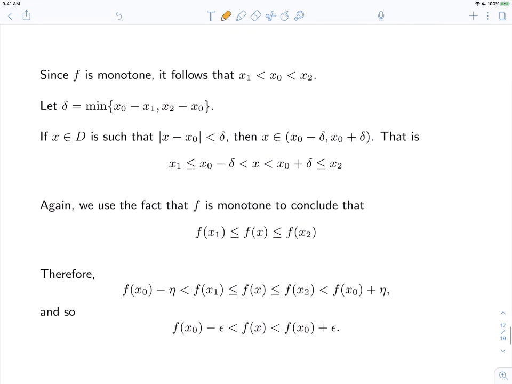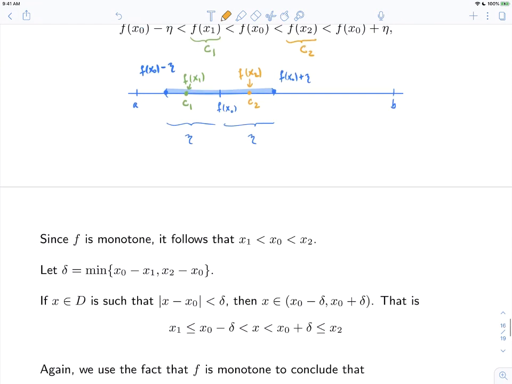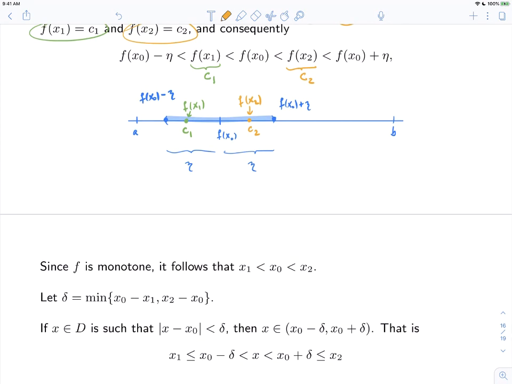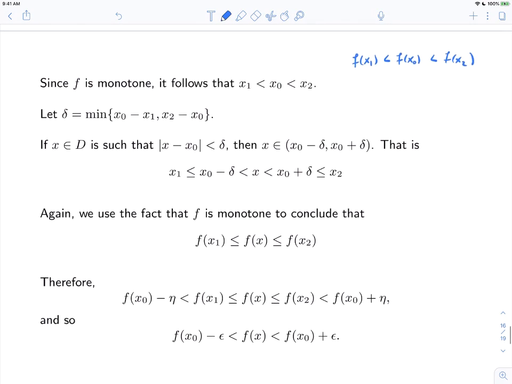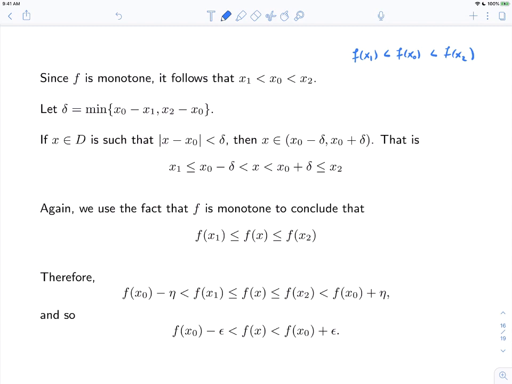And now we're going to use the fact that f is monotone. What is it that we know? We know that f at x1 is less than f at x naught is less than f at x2. But since f is monotone, the only way that that can happen is that x1 is less than x naught is less than x2.